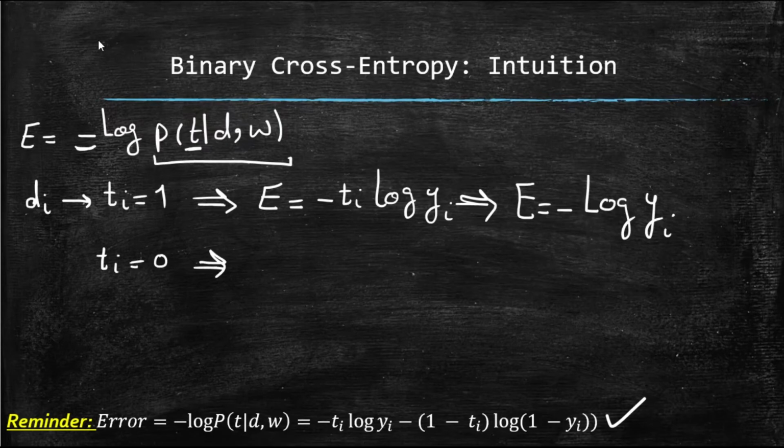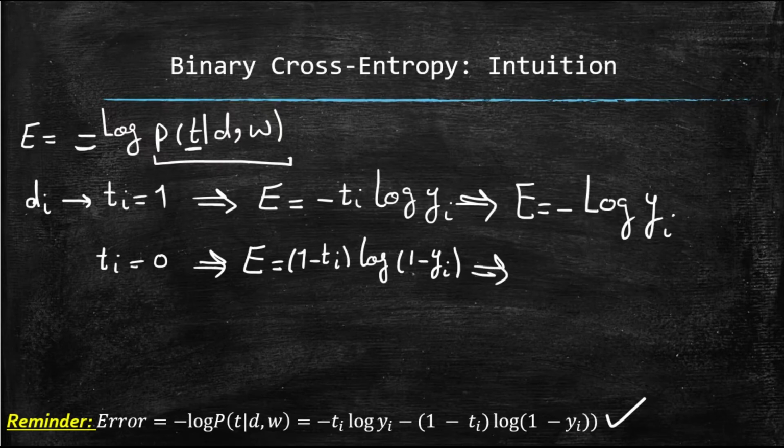Now, if t sub I actually belonged to the negative class, what would have happened then? Believe me, it's going to be very interesting. Then the error would be equal to, so look at down there. So this time this first term would be eliminated, would be zeroed out. The second term will survive. So you would see 1 minus t sub I log of 1 minus y sub I, right?